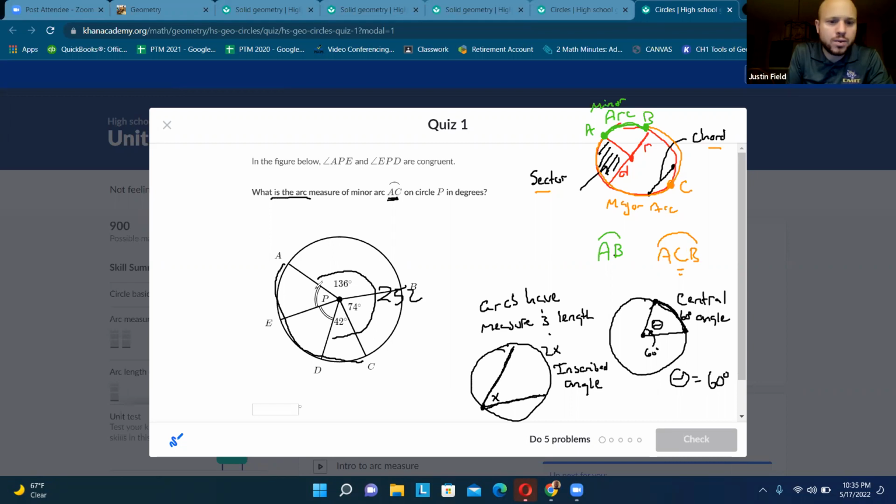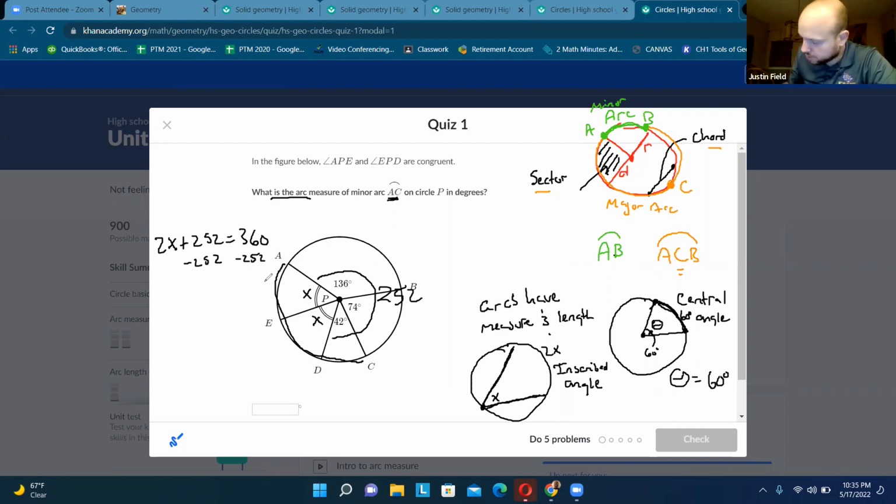Okay. And then we don't know what these are, but they're the same. So let's call them X and X. So that means that we know 2X plus 252 is equal to what, all the way around the circle? 360. So now we're going to solve for X. So 2X equals 108.